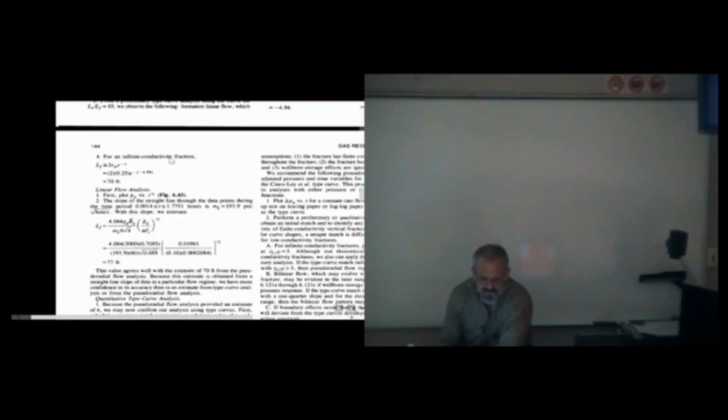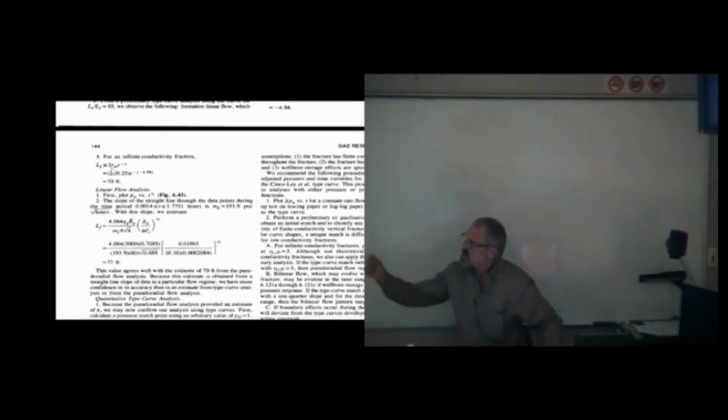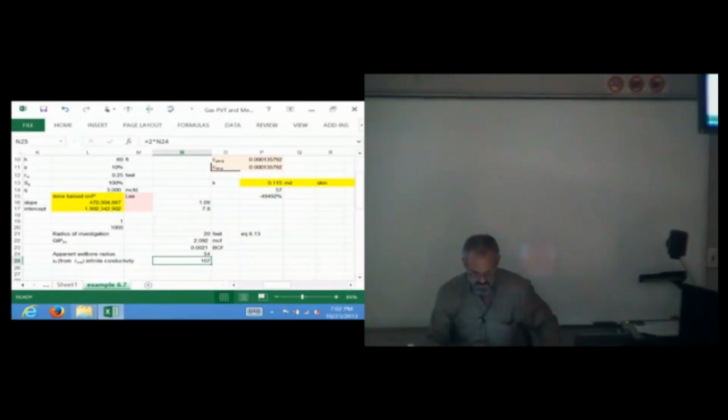For an infinite conductivity fracture, the fracture half length can be approximated by 2 RWA e to the minus F. How do you know whether or not it's infinite or finite? Those are good questions. Let's do that next. Let's get another type curve.